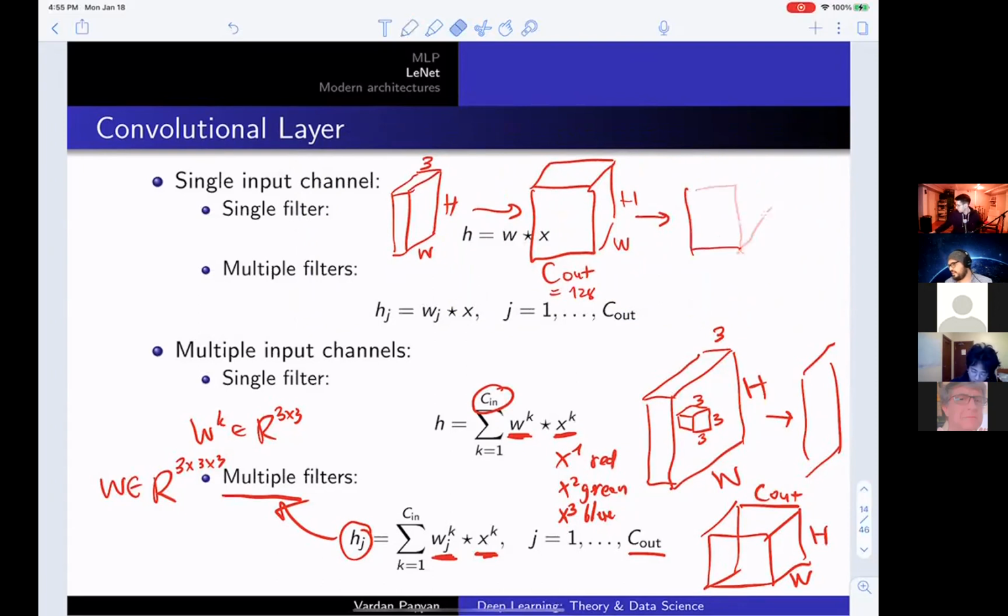The height and the width are the same, and the only thing that changes is, let's say now we have 256 channels. So it's the same convolution as we did previously, it's just that instead of having in these formulas Cin equal to 3, in the next layer you would have Cin equal to 128.